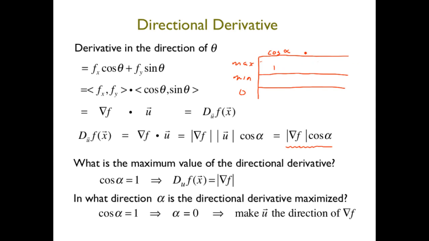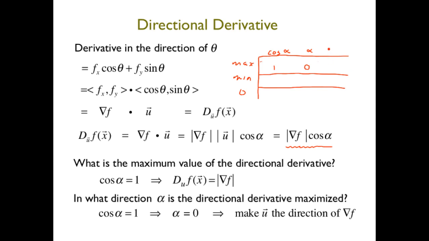Which means that alpha is 0. And what was alpha again? Alpha is the angle between our chosen direction and the vector, the gradient. And if that alpha is 0, then what do we choose to be the direction? The direction of the gradient, right?